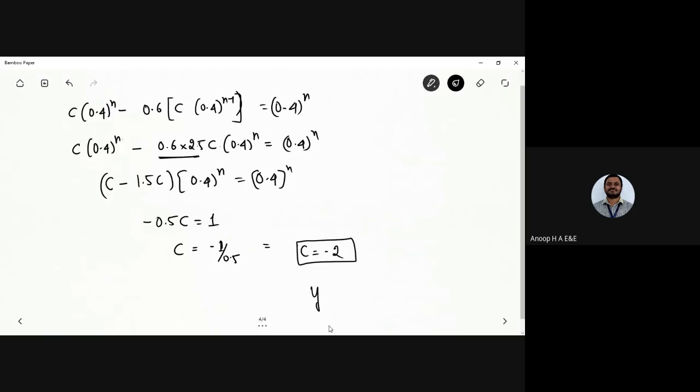So the forced response of the system yf of n will be minus 2 multiplied with 0.4 power n, as there are no other repetitive roots present there. Okay, so that is one thing that you're going to get.